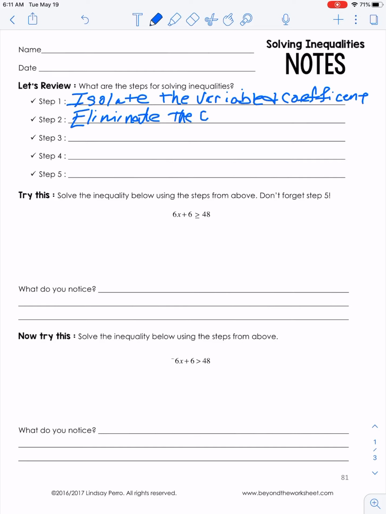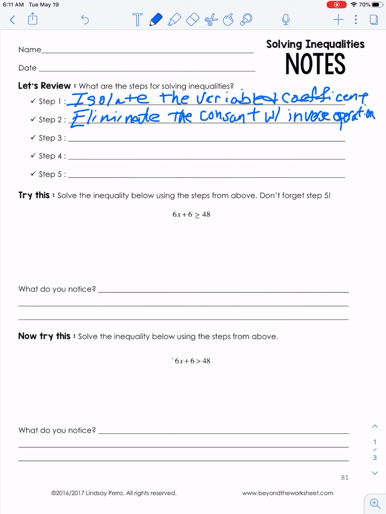So remember that our inverse operations are: the inverse of addition is subtraction, the inverse of subtraction is addition, the inverse of multiplication is division, and the inverse of division is multiplication.